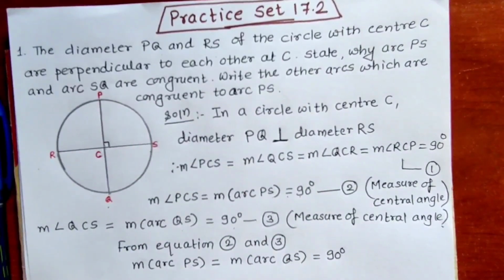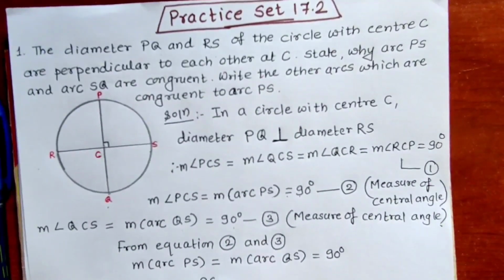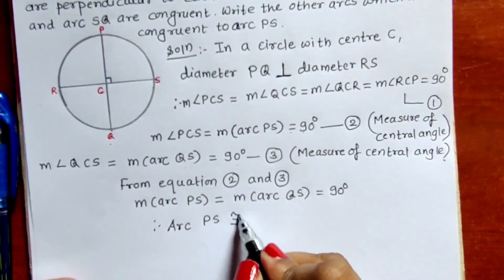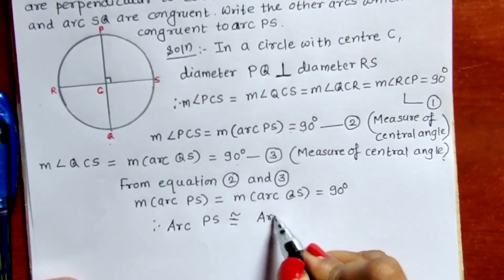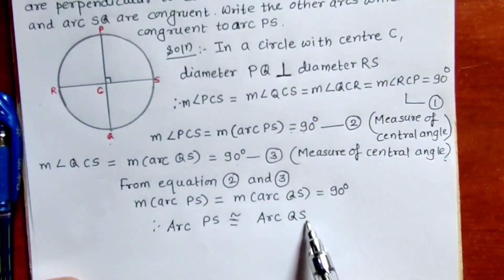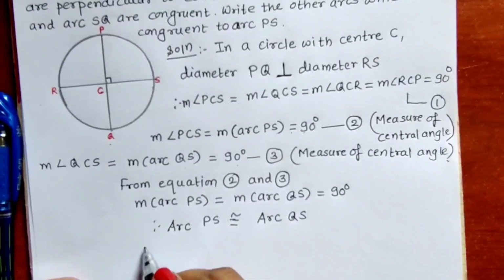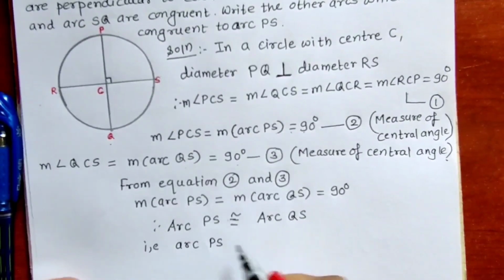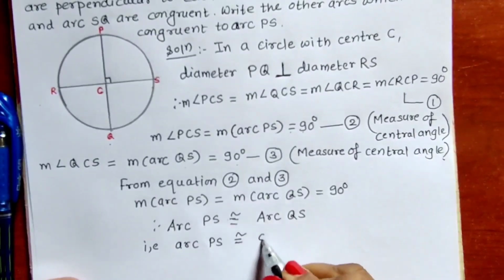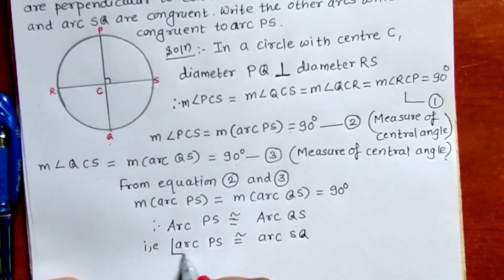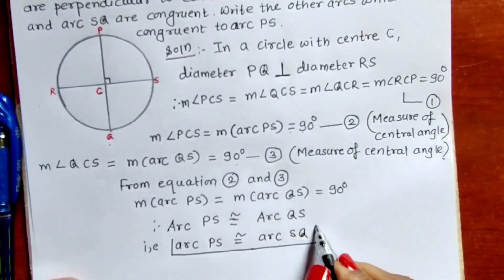Therefore, arc PS is congruent with arc QS. Here SQ is given to us, so instead of QS I will be writing SQ. That is, arc PS is congruent with arc SQ. So this is the reason why these two arcs are congruent with each other.